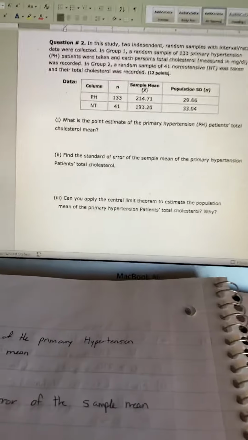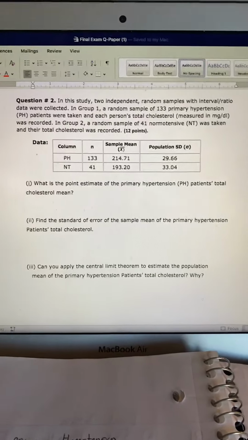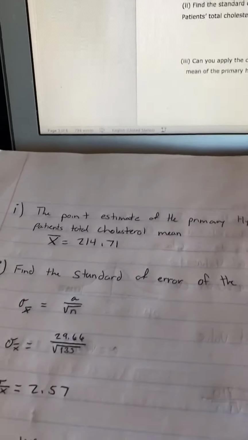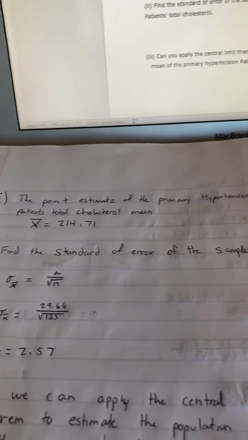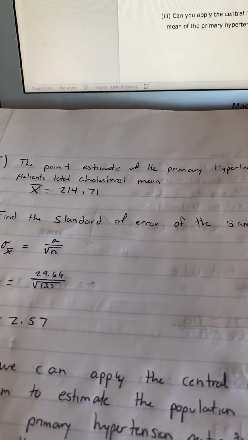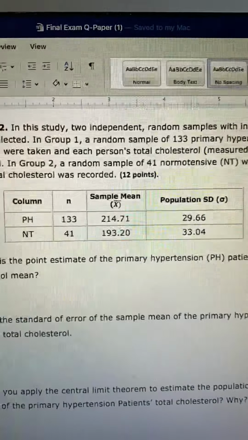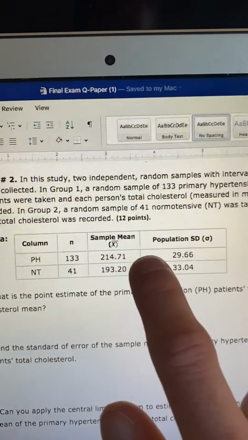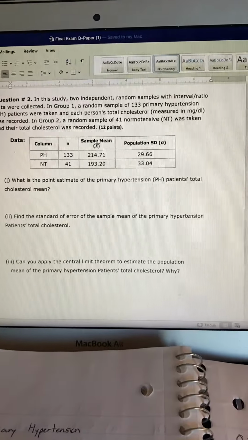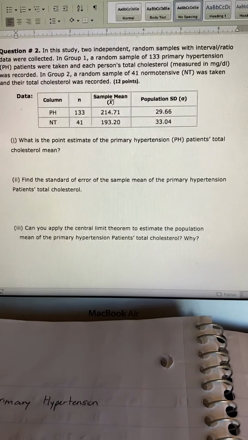Part one of question two asks, what is the point estimate of the primary hypertension patients' total cholesterol? The point estimate is basically the mean, and the mean is 214.71, the PH sample mean. Part two asks, find the standard error of the sample mean of the primary hypertension patients' total cholesterol.